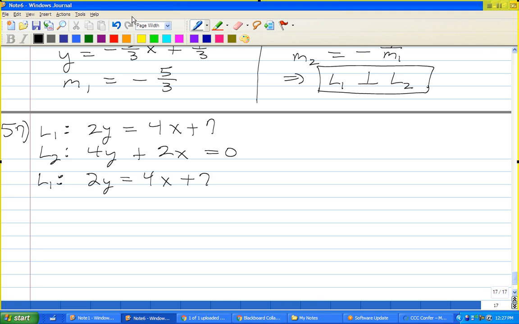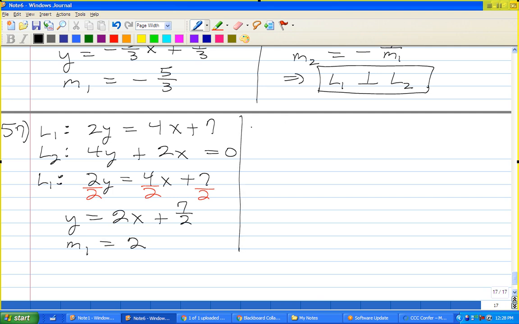I've already isolated y on one side of my equation. Let me solve for y by dividing both sides of my equation by 2. So I get that y is equal to 4 divided by 2 is 2x plus 7/2. So that says the slope of the first line is 2.